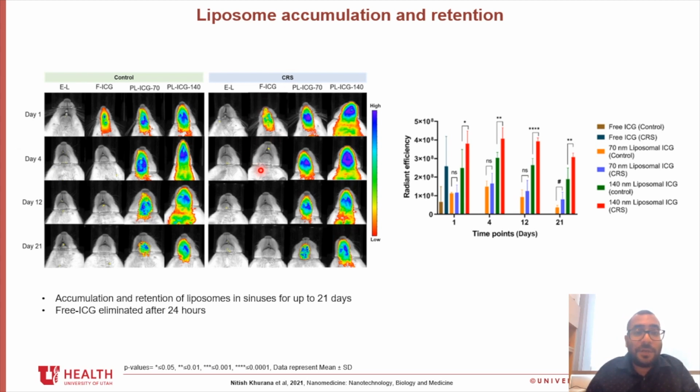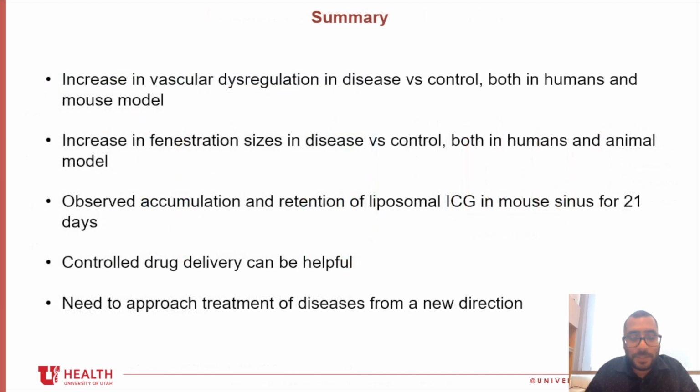Whereas free ICG, if you remember, tends to deteriorate after 24 hours and is unstable at physiological temperatures. So we saw some signal of ICG at 24 hours, and after that, all the signal of just free ICG was gone from animals.